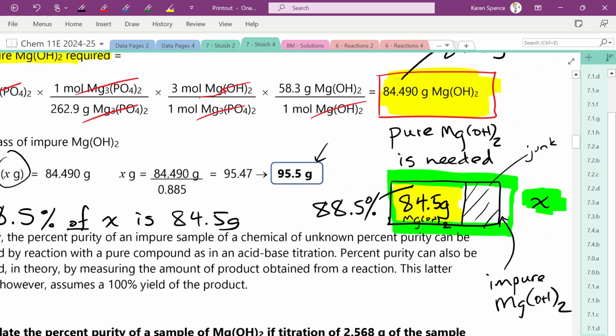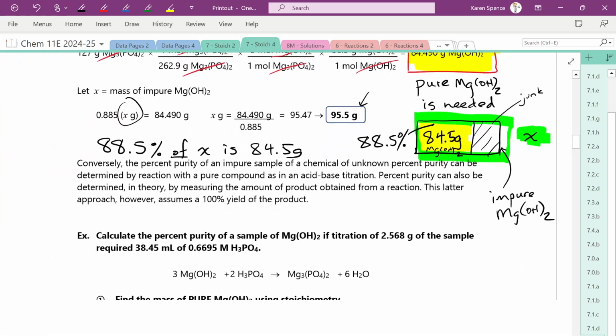And that would be the entire thing in the green box. So that's the mass of the magnesium hydroxide and whatever other junk there is. So once again, it's kind of like interpreting the problem and just knowing how to work with percentages. There's nothing really difficult about it other than the fact that you need to interpret it and work with the percentages.